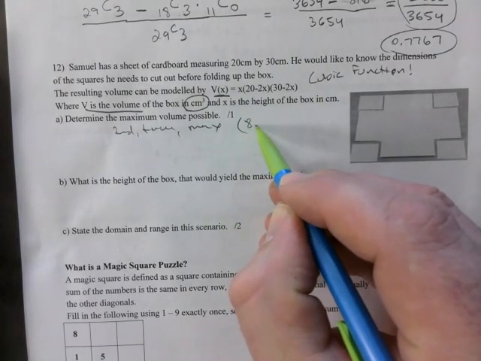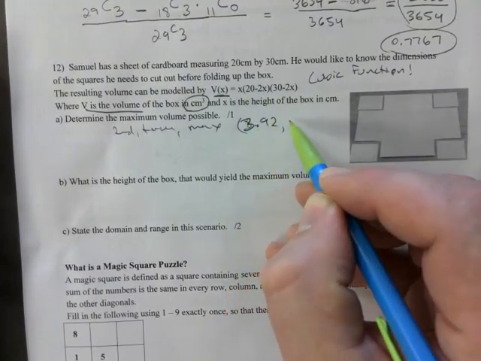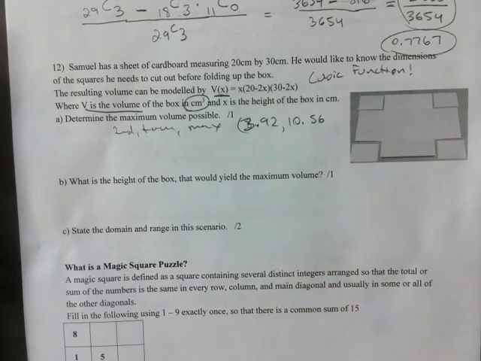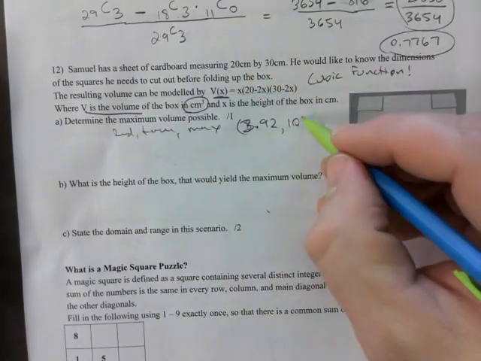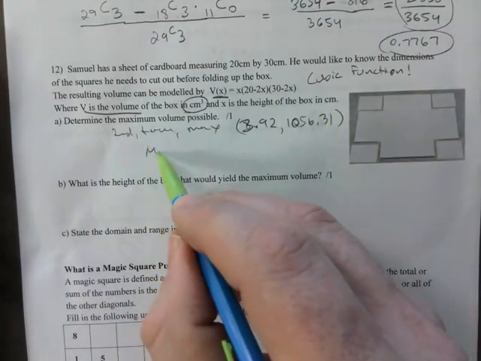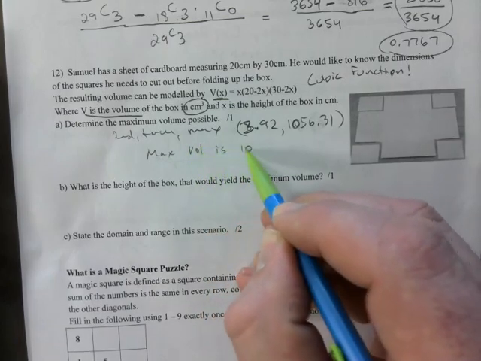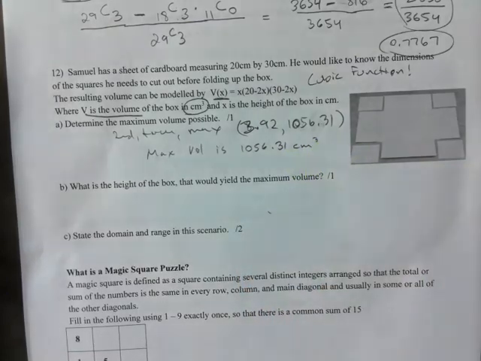What is it? 3.92? 1056.31. Okay, so the maximum volume, don't leave it there. Volume is 1056.31, and we are in centimeters cubed.